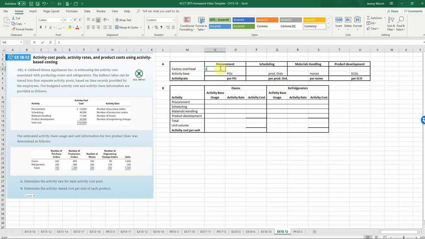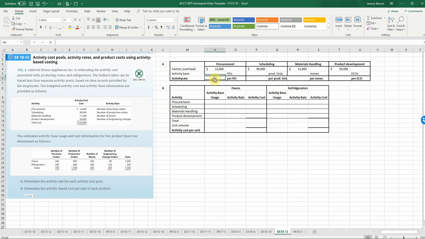So for procurement, we have 12,600. For scheduling is 90,000. Materials handling is 11,000. And product development is 50,000. And so then for our activity base, those are calculated down here in total.